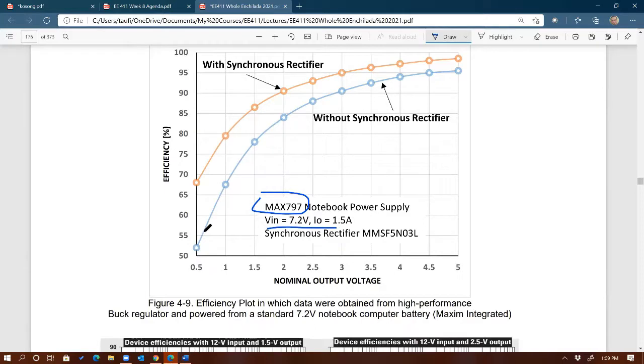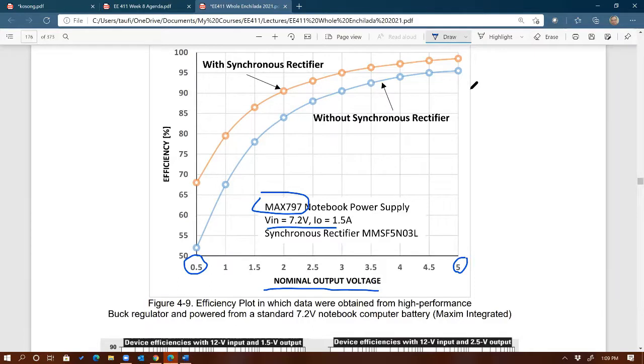And this plot, I forgot to mention, is plotted based on output voltage, and they measure the efficiency based on the output voltage, right? So on the x-axis, you have this output voltage that is being increased from 0.5 volts to 5 volts, and you can see the efficiency curve for the one with the MOSFET instead of the diode is always higher than the one with the diode.